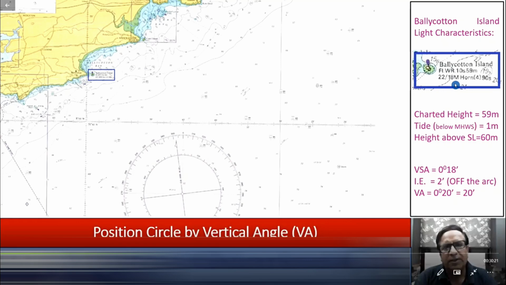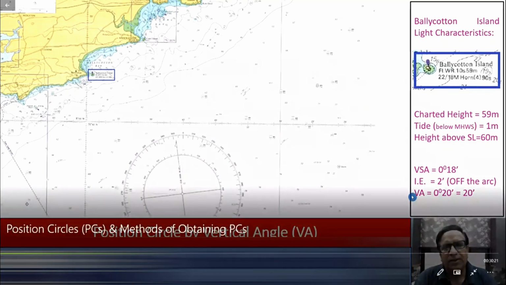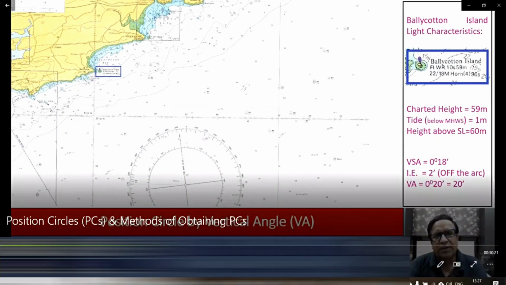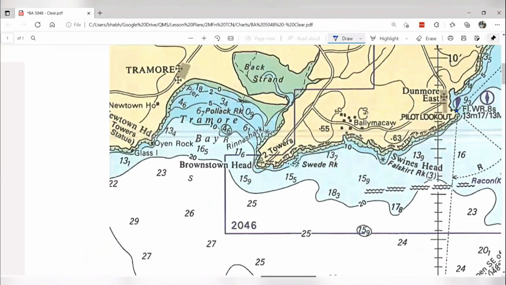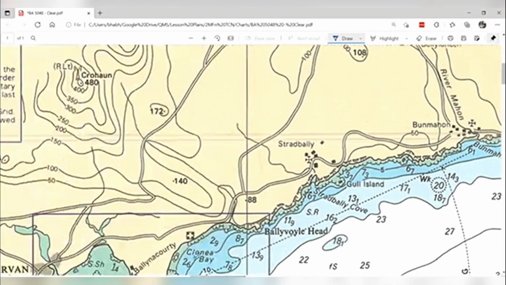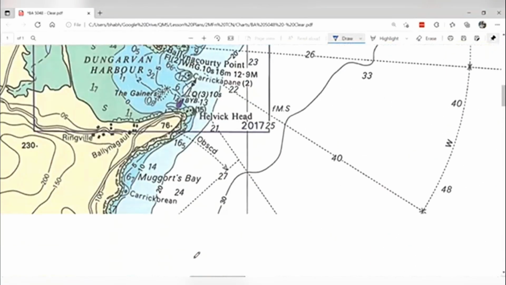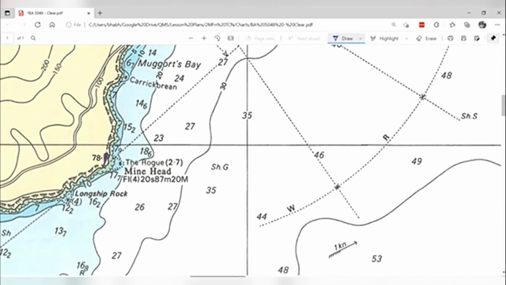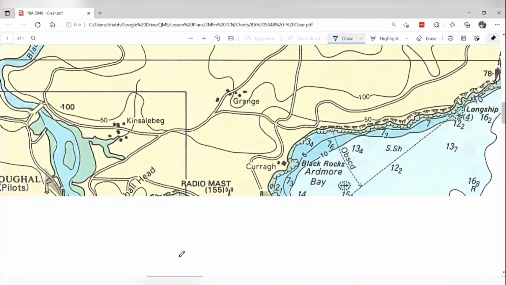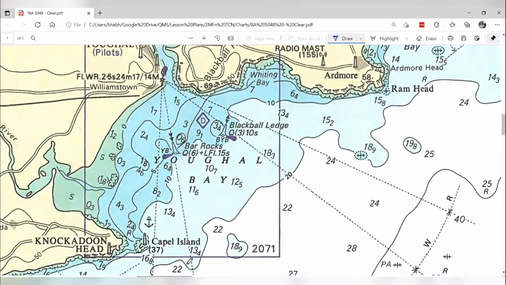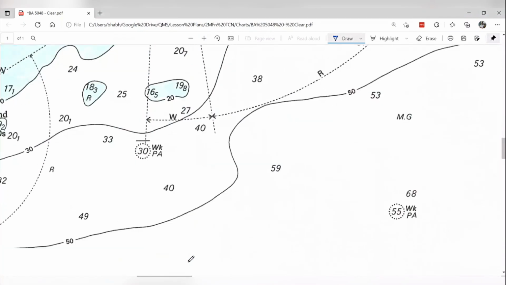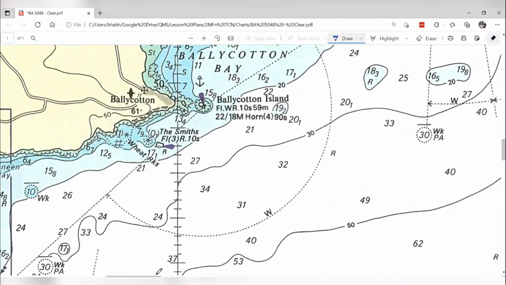Okay, all right. Let's go to the chart. I'll show you better. This is Ballycotton Island light. Let me take you to the chart. This is Hook Head. Let's go to Ballycotton.